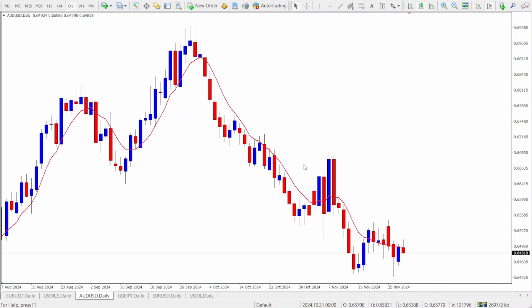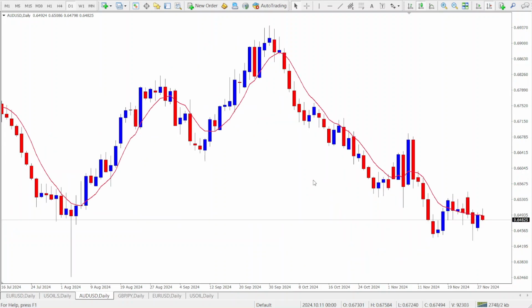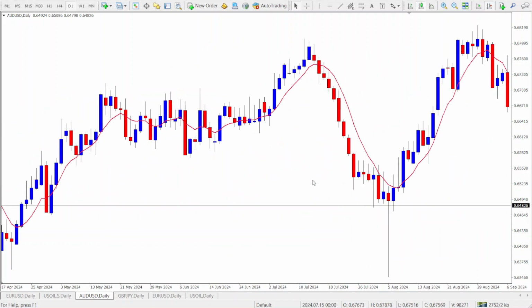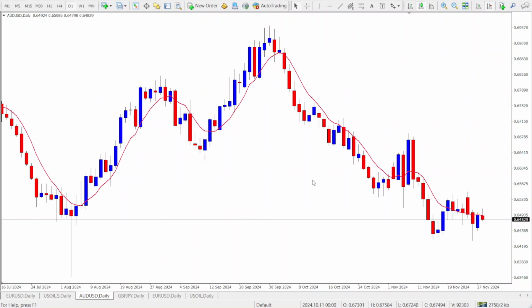The weighted moving average is especially useful for traders who want a balance between the smoothness of the SMA and the responsiveness of the EMA. It is often used in short-term trading strategies where recent price movements are critical. However, it can also be more complex to calculate and might require fine-tuning to match your specific trading style.